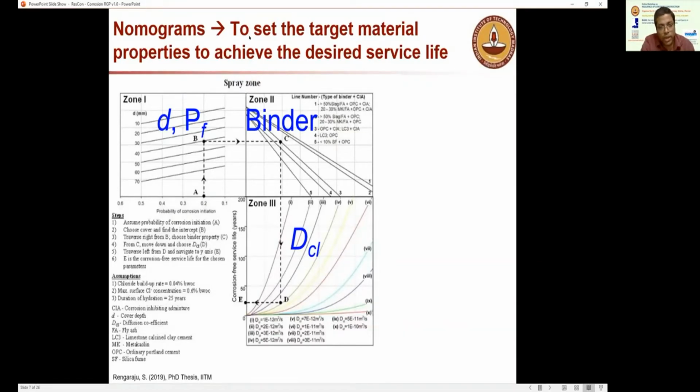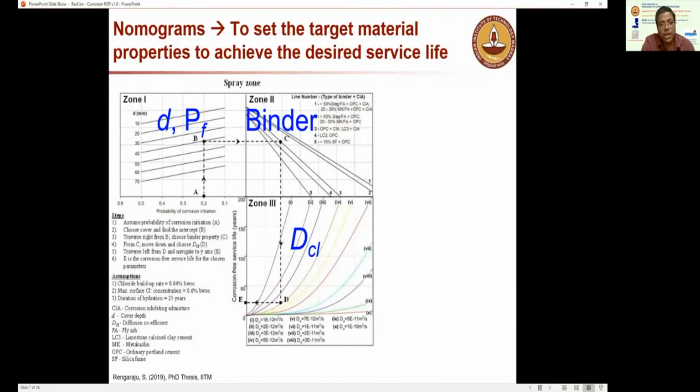So the main objective of this is, once you know that the structure which you are going to build should have, let's say, 100 years or 50 years of service life, then we can use this nomogram and start from the design parameters like cover depth D, or the probability of failure, or probability of corrosion initiation at the desired service life.